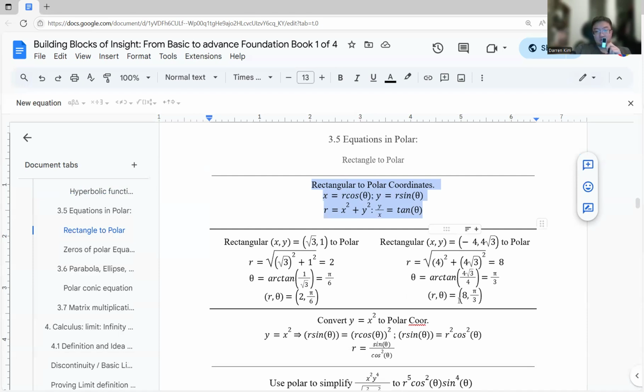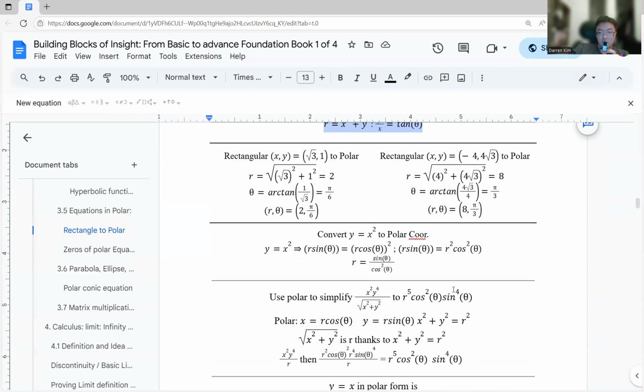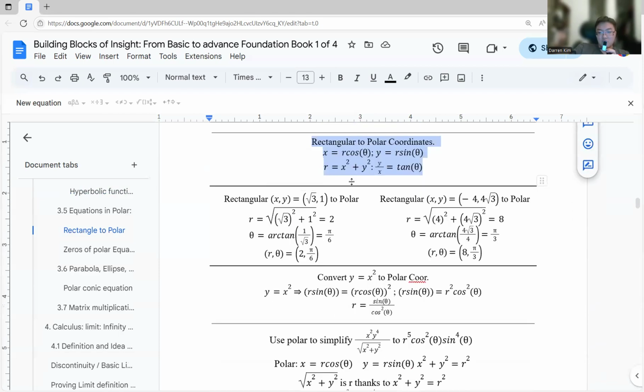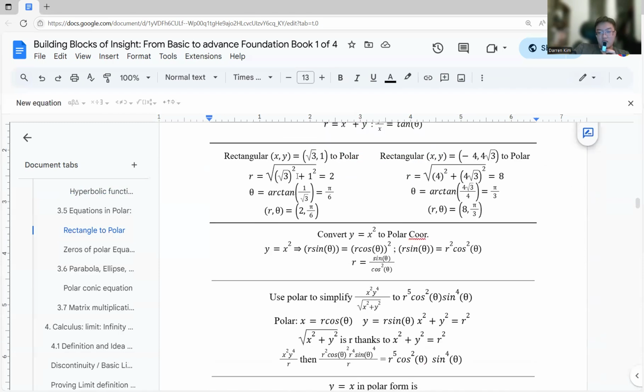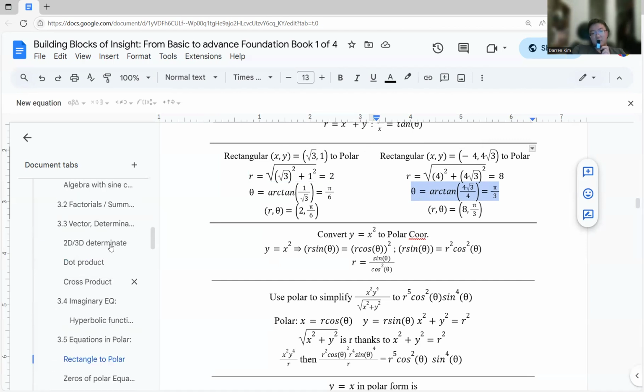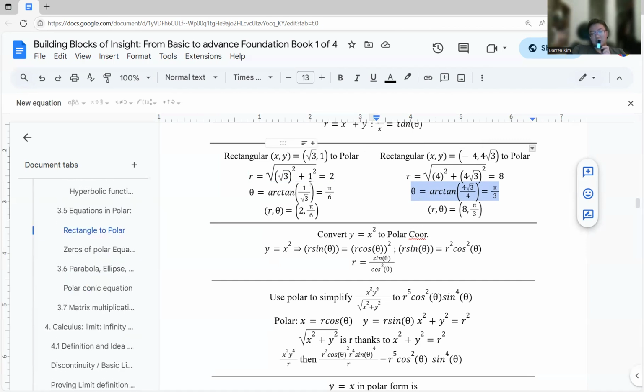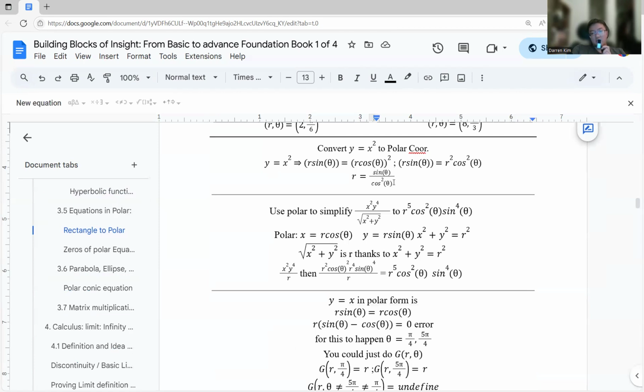Now we go to polar, basically rectangle. Basically, what you have to do is plug these two equations into the equations, except for these two where we physically do arctan for each of them. But it kind of makes sense. We did this before in other sections, that's why I just did two and moved on.